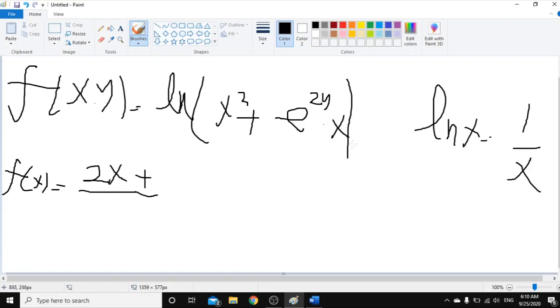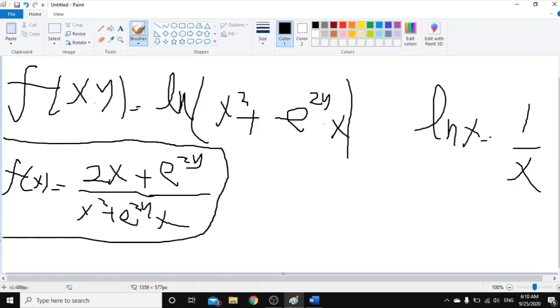The derivative of x here is 1, so what's left here is e to the 2y. E to the 2y over the normal equation, x squared plus e to the 2y times x. This is the partial derivative with respect to x.